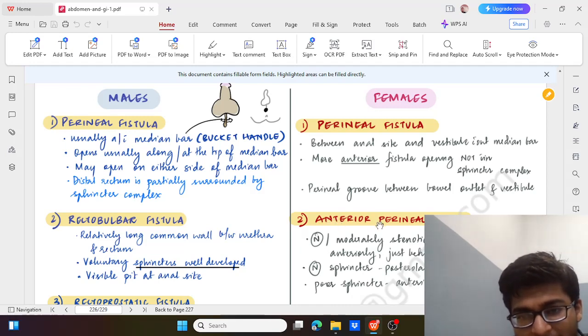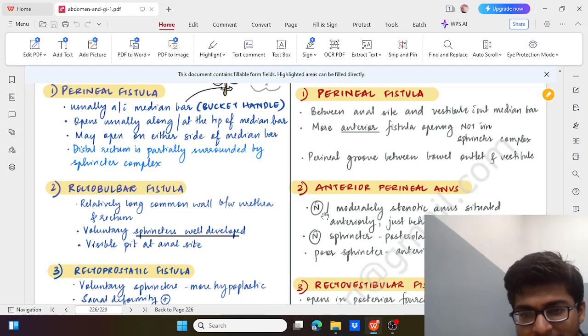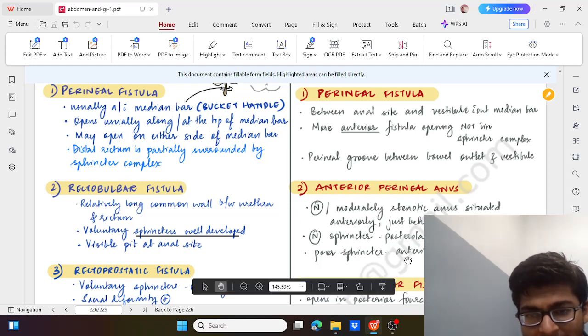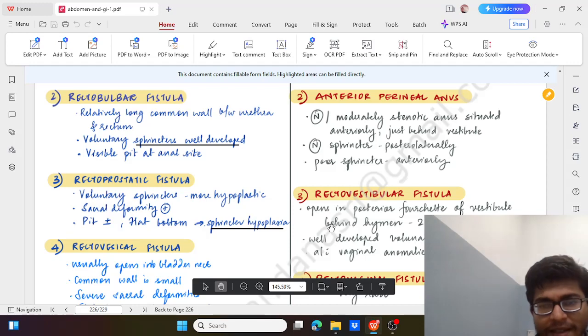So, perineal fistula, anterior perineal sinus. In anterior perineal sinus, there is a moderately stenotic anus situated anteriorly just behind the vestibule, with normal sphincter posterolaterally, but poor sphincter anteriorly. So anteriorly there will be deficiency of sphincter function.